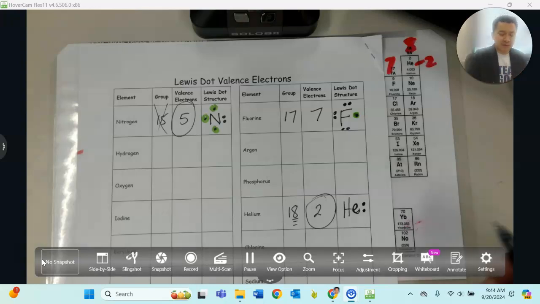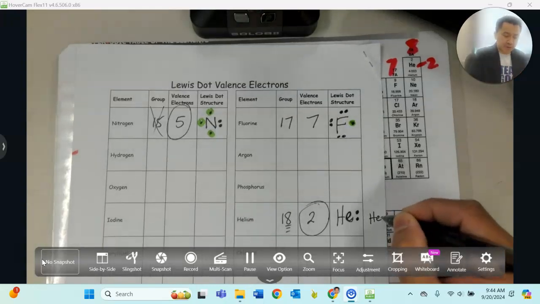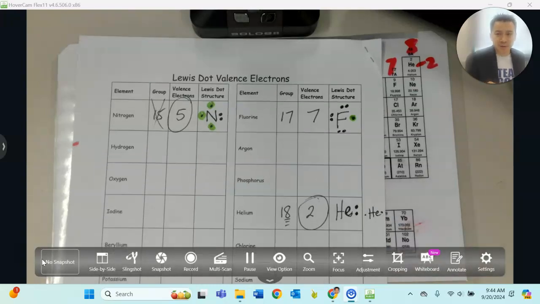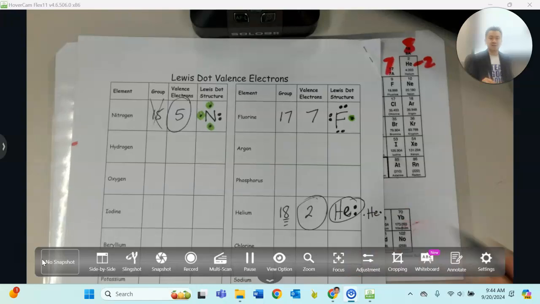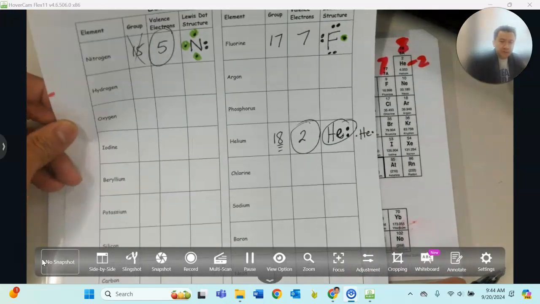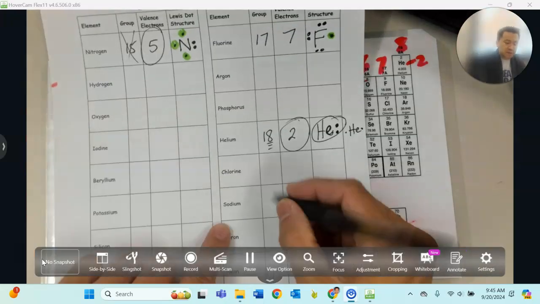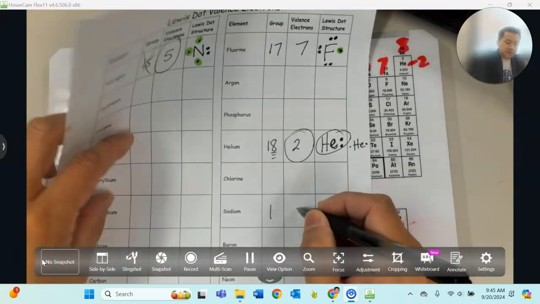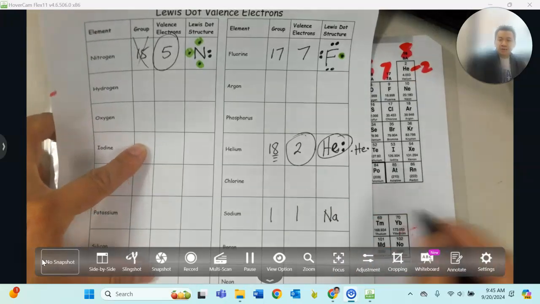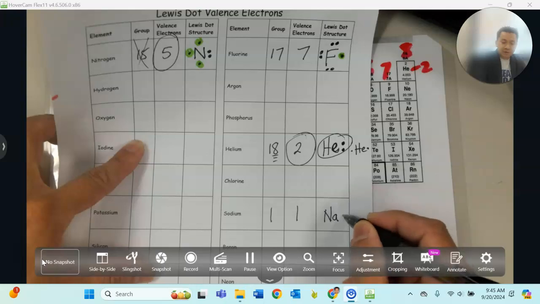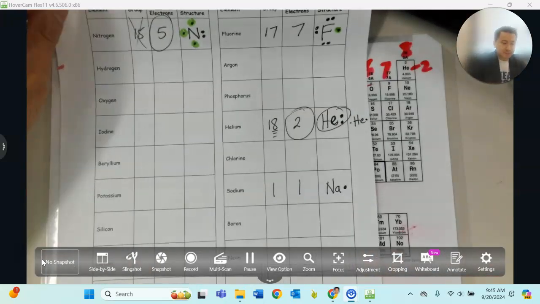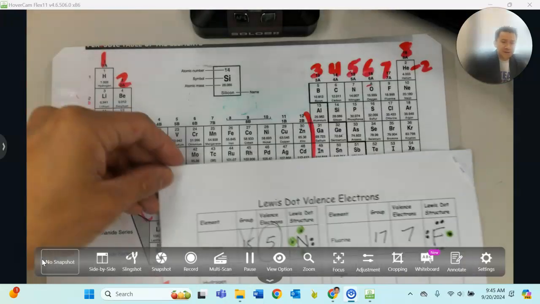It wouldn't technically be wrong if you drew one on each side either, but you'll often see it paired. Everybody else is pretty straightforward. Sodium is in group 1, so it's got 1 valence electron. You write Na, and you can put the dot anywhere, top, bottom, left, or right, anywhere a dot would be appropriate.